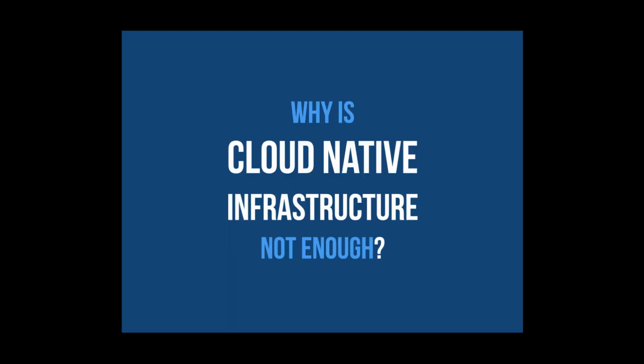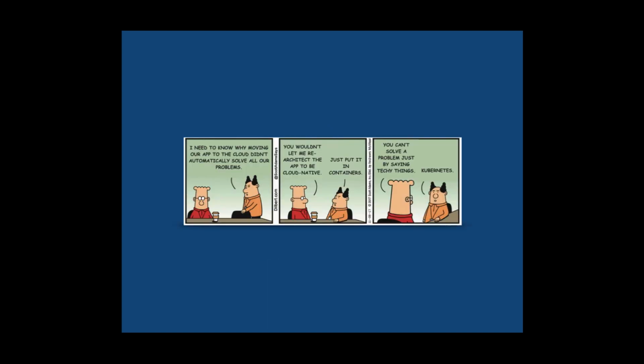So the question is then, why is cloud native infrastructure not enough? I mean, don't we have this? Is this not a solved problem with all the great cloud providers with Kubernetes and all of these things? You might have seen this little comic strip fly by on Twitter or elsewhere. It's really telling.